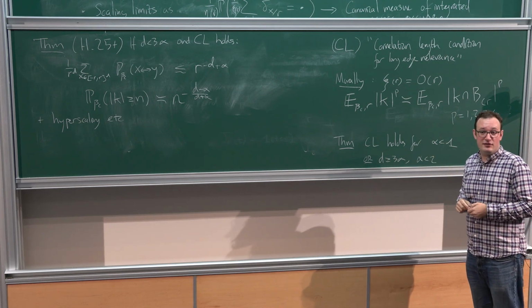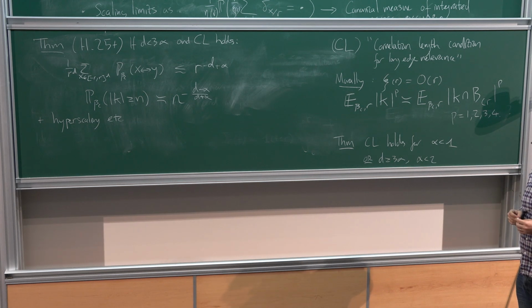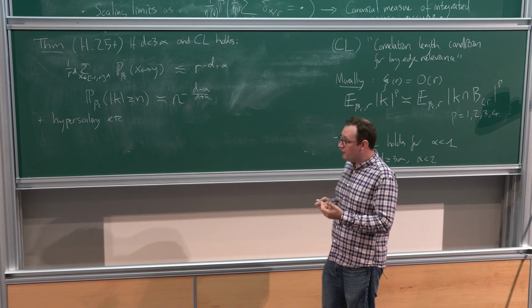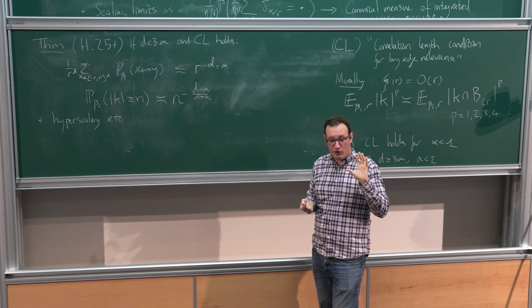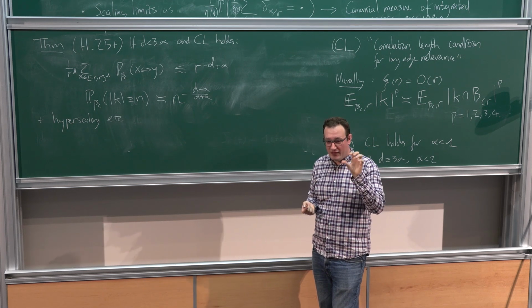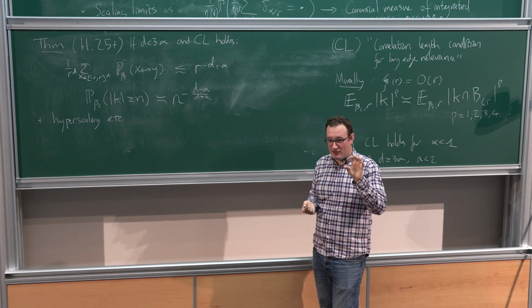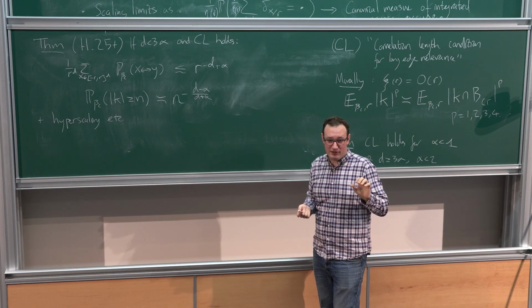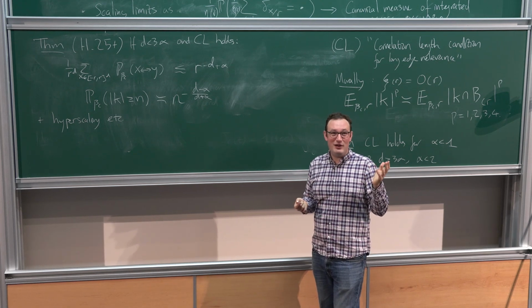And one really interesting thing is that this quantity that we prove the k-point function is of the same order as is Mobius invariant. So I think that's really interesting.